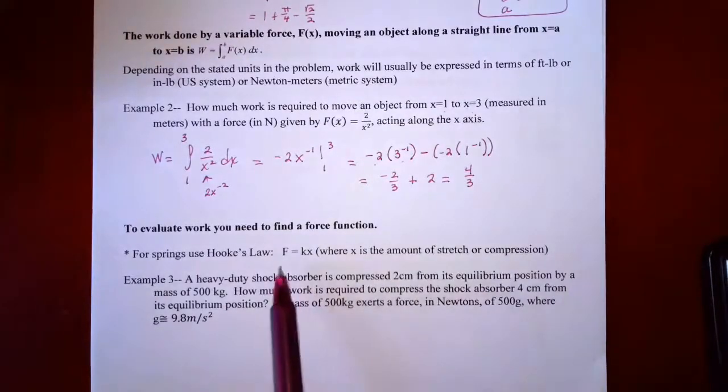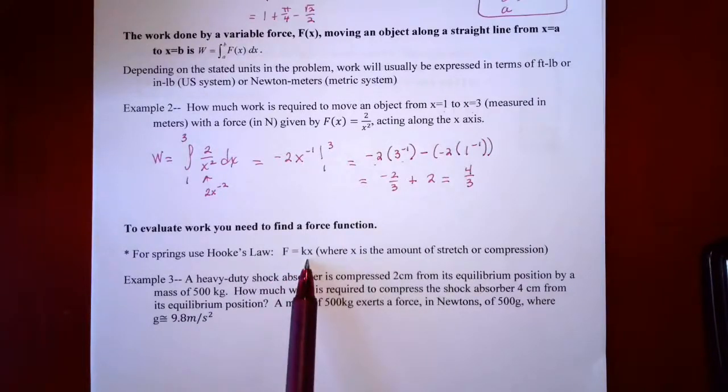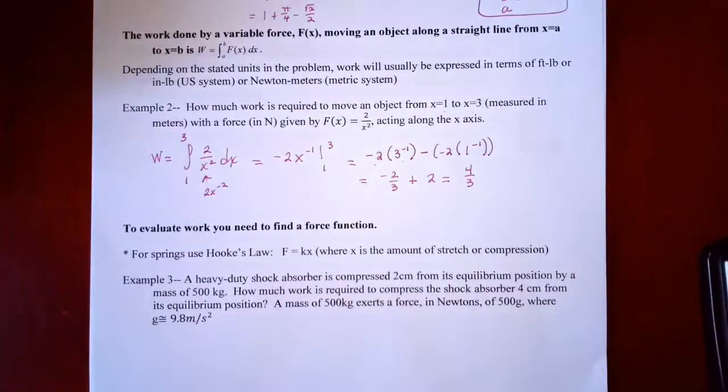Or in other words, the force required to stretch or compress a spring x units, whether it be feet, meters, centimeters, inches, whatever, beyond its natural length, which is what we call equilibrium, is a constant times the amount of stretch or compression.